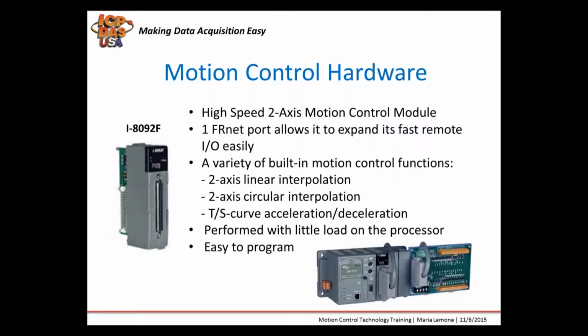FRnet is a two-wire type bus that we provide, and it can support up to 2.88 millisecond scan time. This I-8092F product supports two-axis linear interpolation, circular interpolation, and also S-curve acceleration and deceleration.